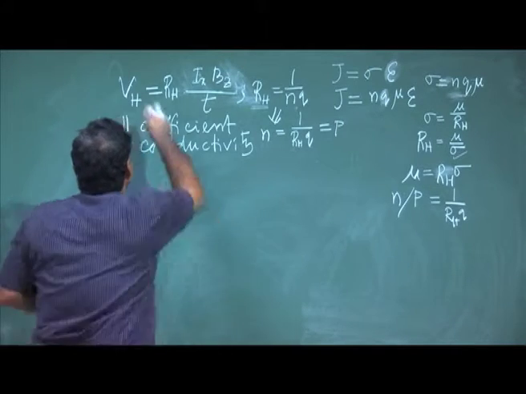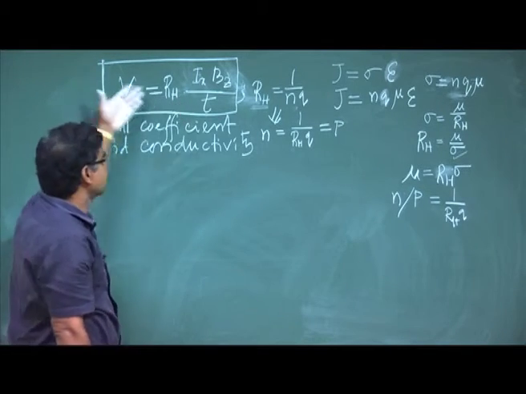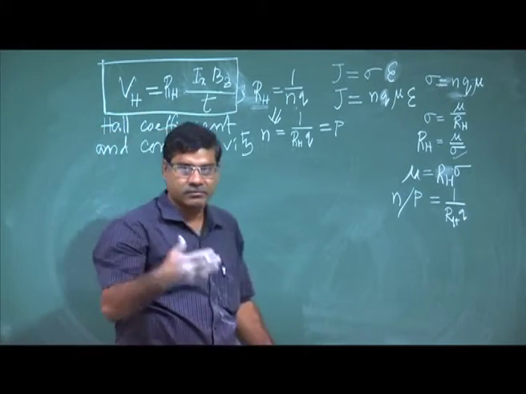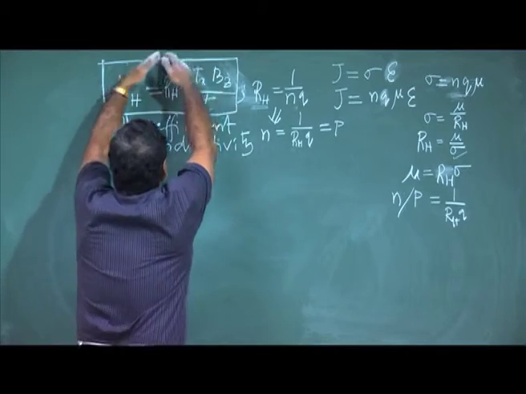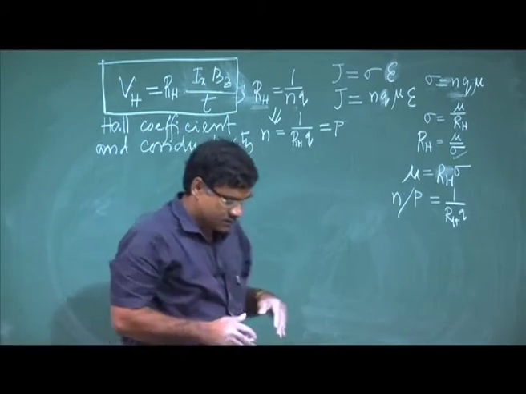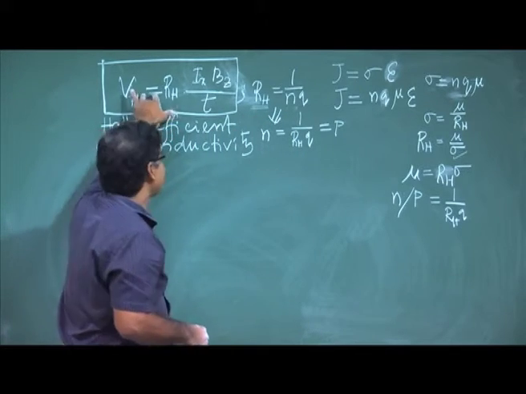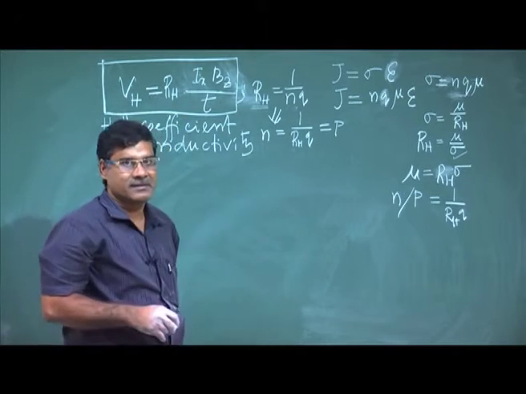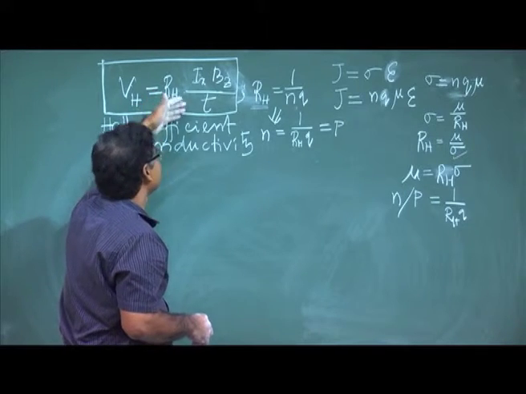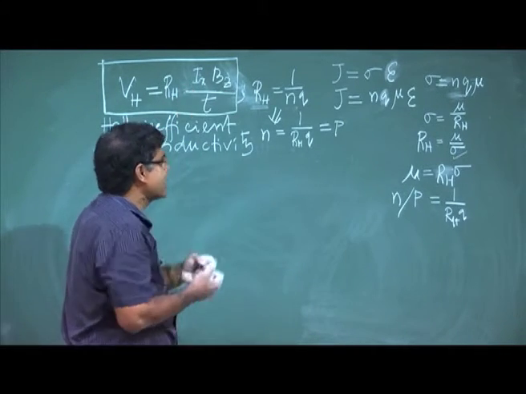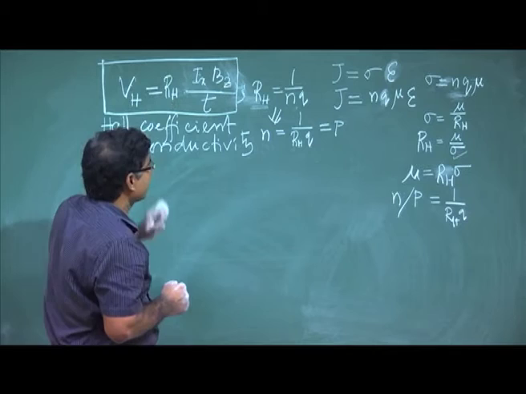So, this form, you see, it was not in that form initially, it was just the Hall field EH equal to some Jx, etc., but I have taken a suitable form, where I can set up the experiment and vary these parameters, and I can measure them or get the reading from the instrument, and I can ultimately calculate the RH.